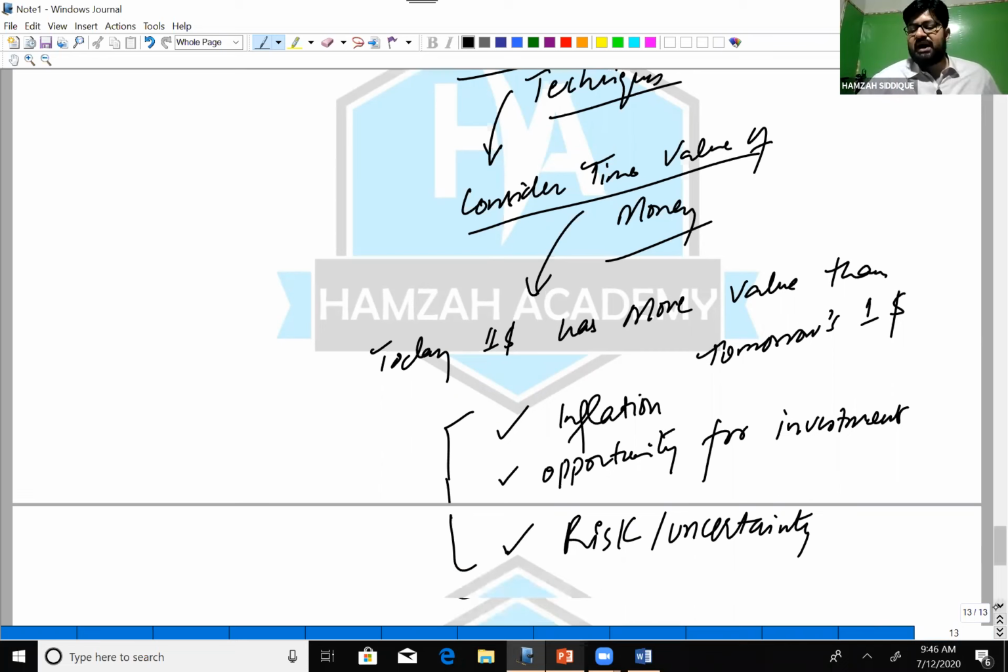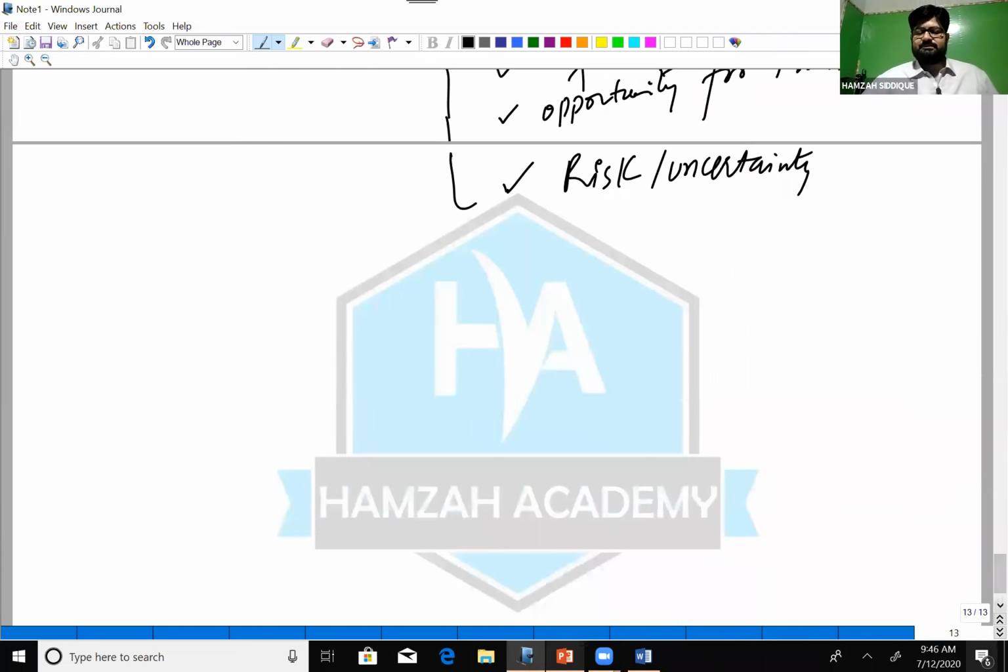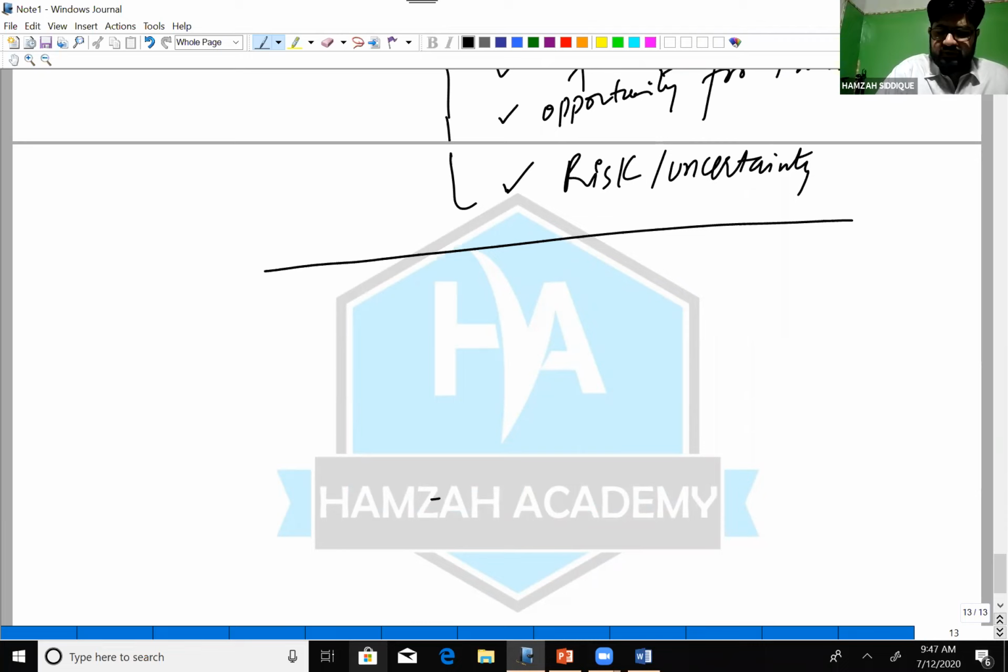So discounting and compounding. There is the concept of discounting, by which we get present values. We know the discount factor. Basically, for example, you have 100 rupees today and you invest it at 10%.